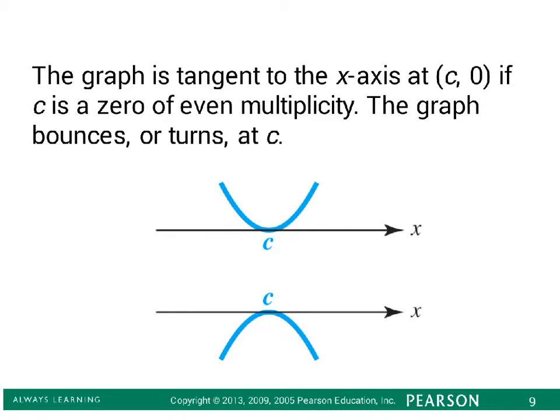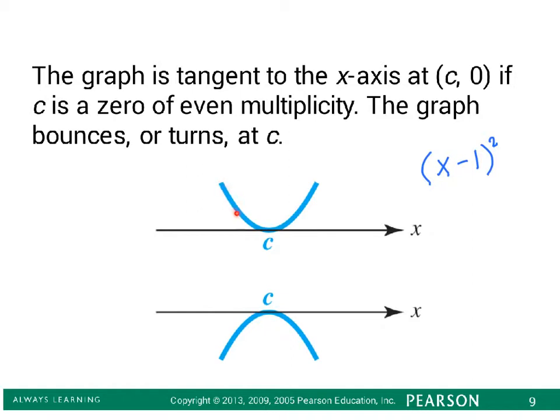Now, whenever your function has a multiplicity that is an even power, so say we have the factor x minus 1 again, and we're squaring it, or it's to the power of 4, 6, or 8, any even power, what the graph at that x value, or the zero, is going to look like is one of these right here.